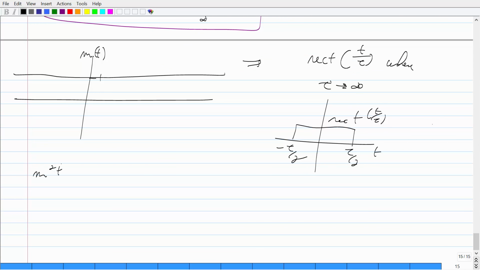So in this case, we have T. Because I'm doing it over a period of time, I can change this to tau and it's still going to be the same thing.